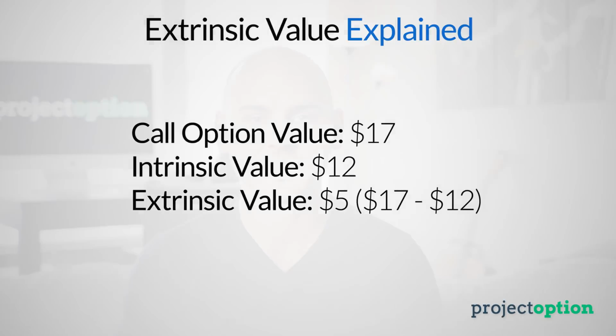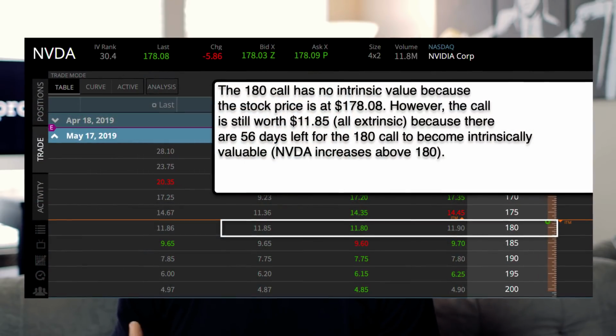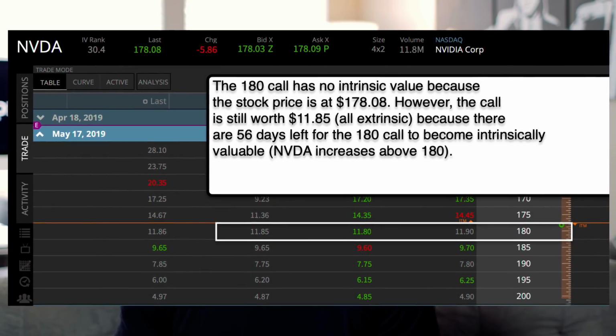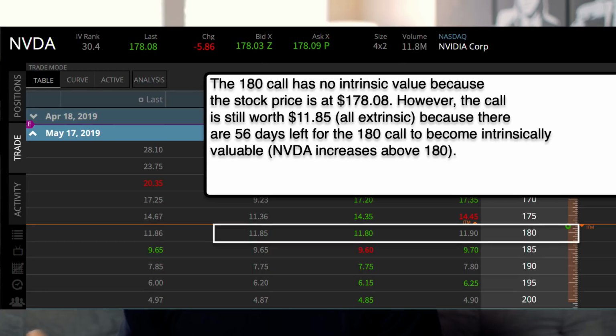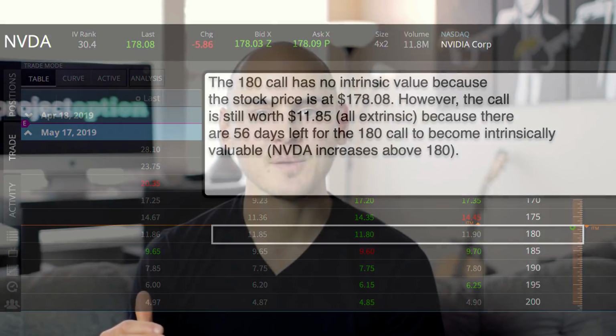Now, what is extrinsic value? Well, extrinsic value can be thought of as the option's potential to become more valuable before it expires. For instance, if you look at an option with 60 days before it expires and that option has no intrinsic value, it doesn't necessarily mean that the option is worthless, because there's still 60 days left for the stock price to move up or down, which could cause the option to become more valuable and eventually become intrinsically valuable, which means for call options, the stock price increases above the strike price, and for put options, the stock price falls below the strike price.